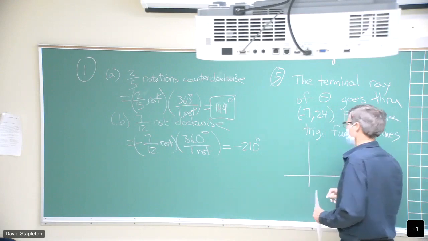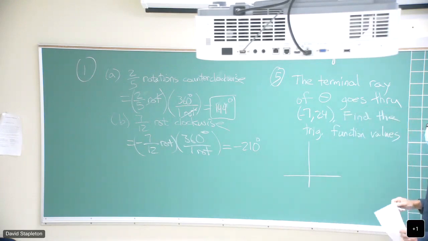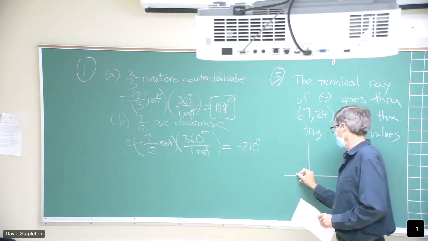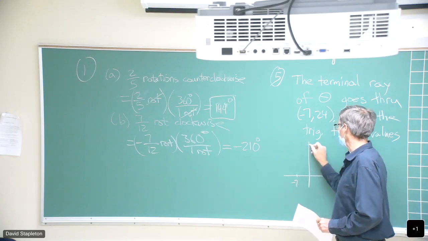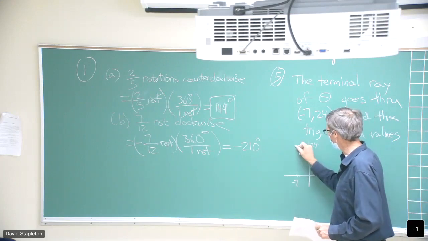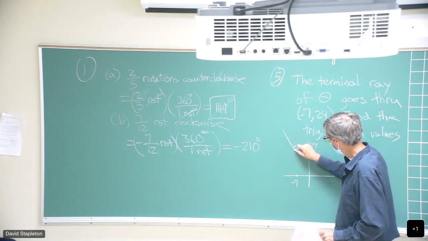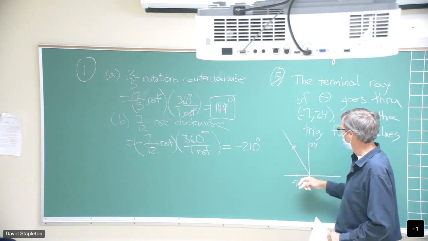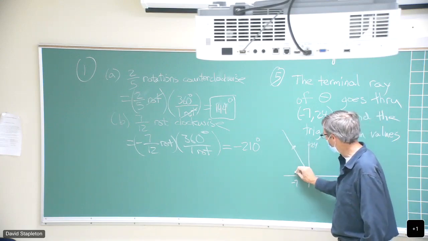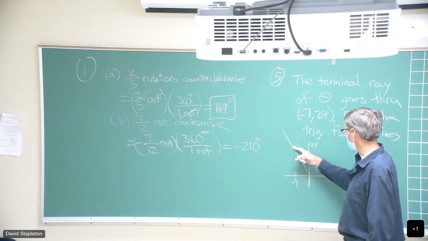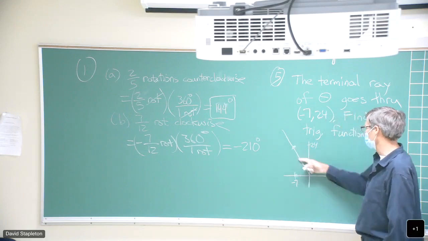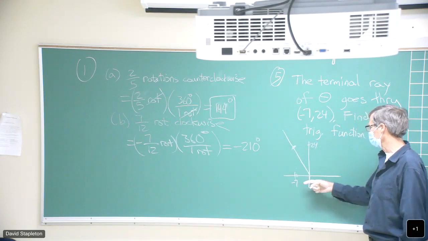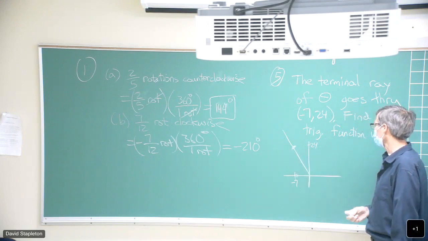In some books, they actually initially introduced trig functions like this. You say, you have any point like minus 7 and 24, whatever it is. The sine is actually defined to be y over r, and the cosine is x over r. Instead of using unit circle, though, to find it for general points like that.